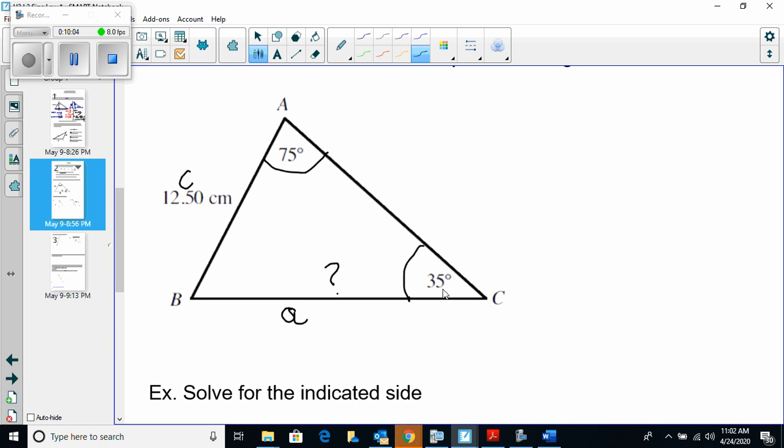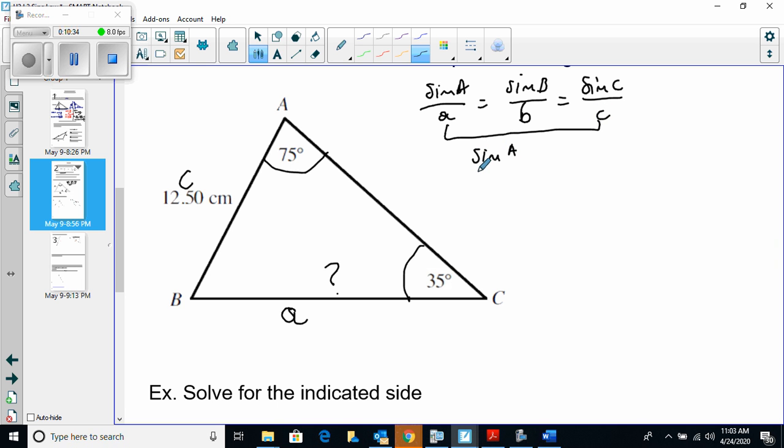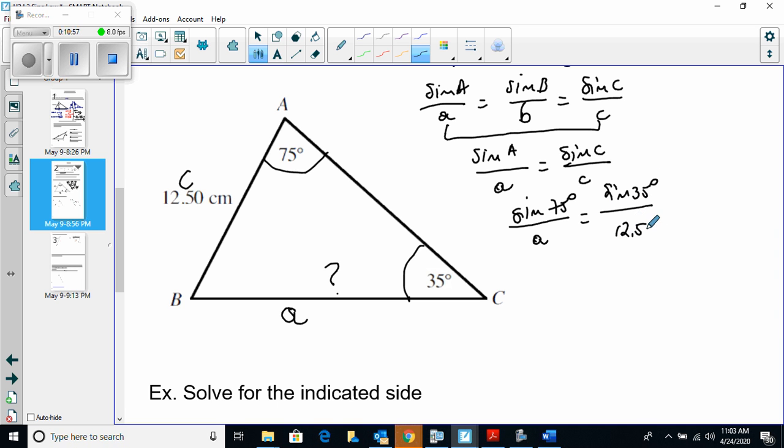Let's solve now using the sine law. Keep in mind, it is sine A over A is equal to sine B over B is equal to sine C over C. What we are using are those two ratios, so we can rewrite them as sine A over A equals sine C over C. If we substitute now, sine 75 over A is equal to sine 35 degrees over 12.50.